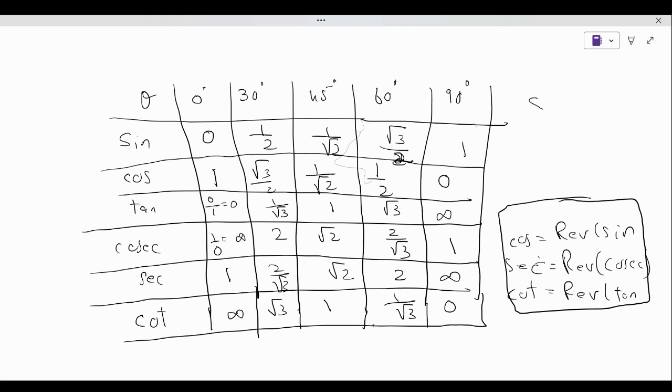You have to remember sine theta, cos is equal to the reverse of sine, and then tan is equal to sine by cos. Then cosec is equal to 1 by sine, and then sec is equal to the reverse of cosec, cot is equal to the reverse of tan. So these are the things you have to compute, and these are the things where you use the reverse.